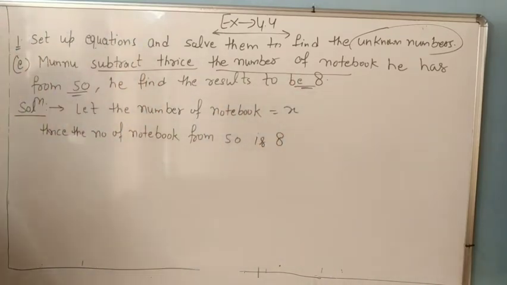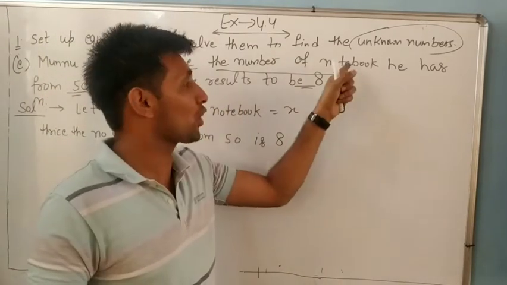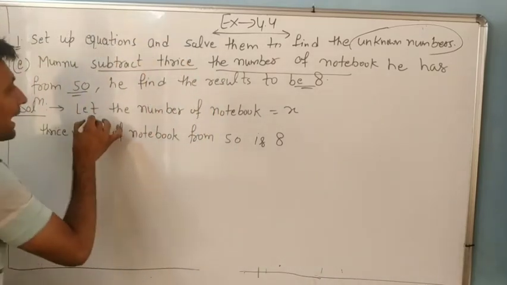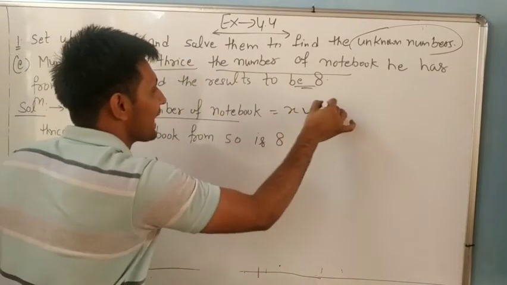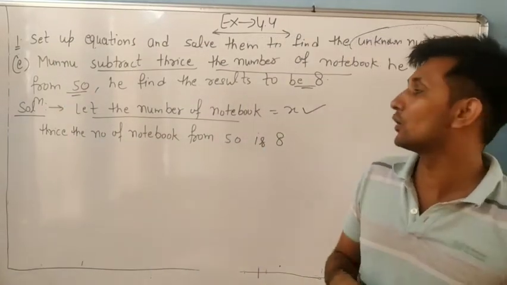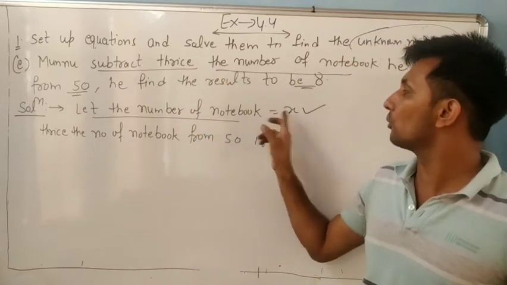Thrice means 3 times the number of notebooks. The number of notebooks we don't know, so first we will write: let the number of notebooks be x. Whatever we don't know in the question, whatever we want to find, we let it be x.